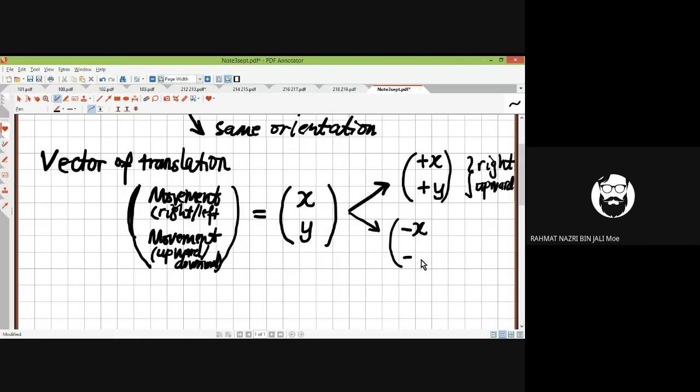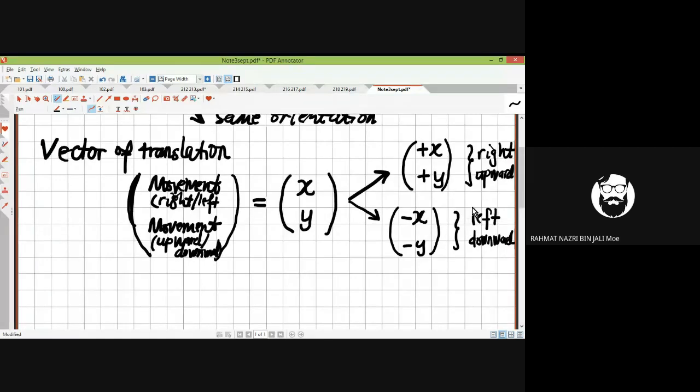Then when the object goes downward, we have to write negative y. So this case is for the object moving to the left and downward. Okay, finish.